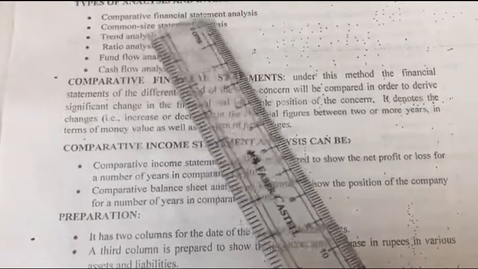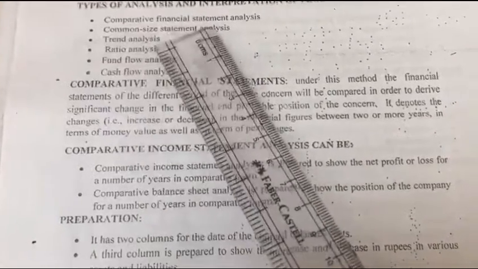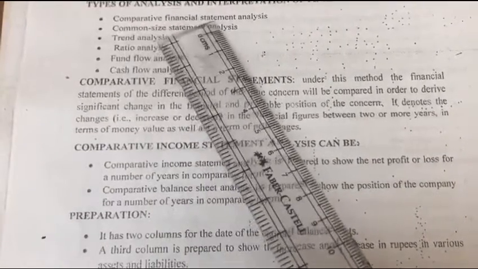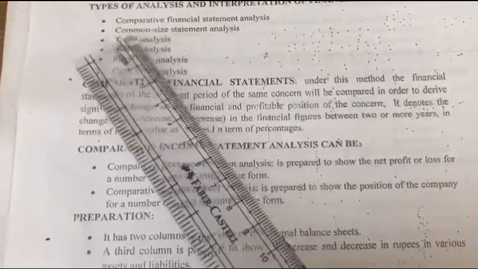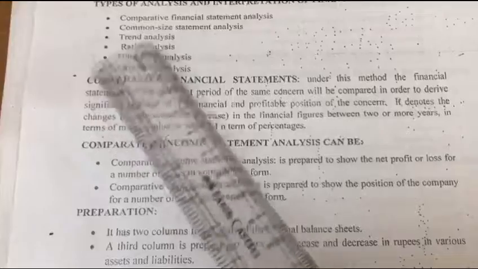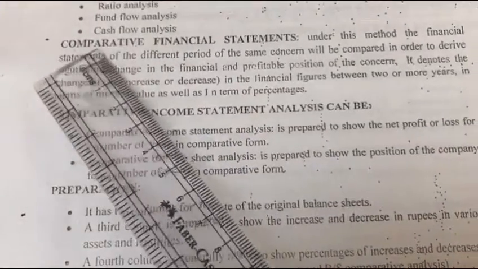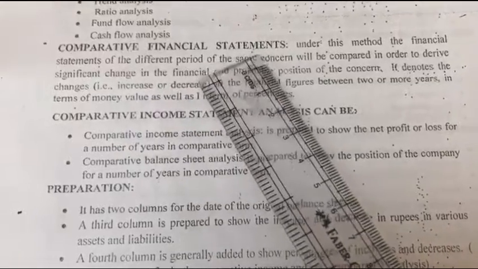Under comparative financial statement analysis, we have two types, comparative balance sheet analysis and comparative income statement analysis. Similarly, under common size statement analysis, we have common size balance sheet analysis and common size income statement analysis.